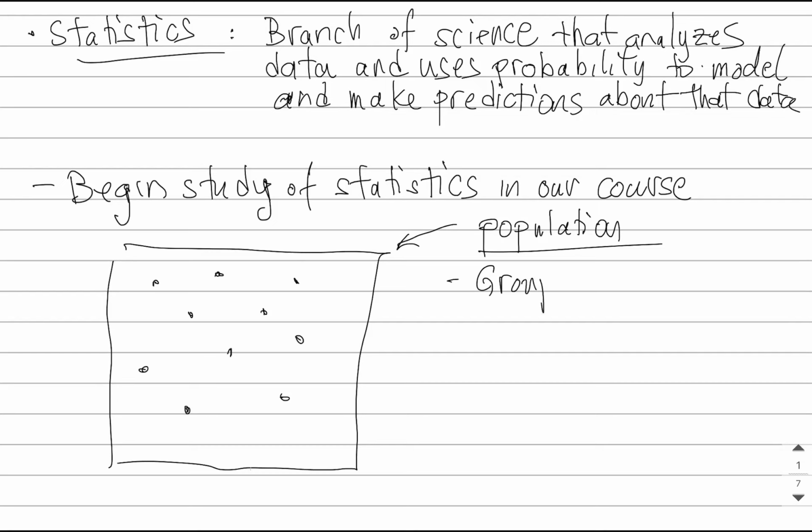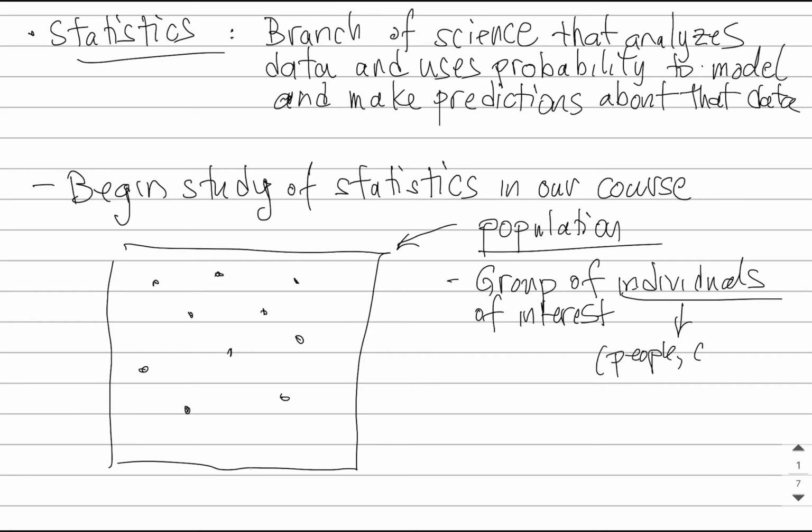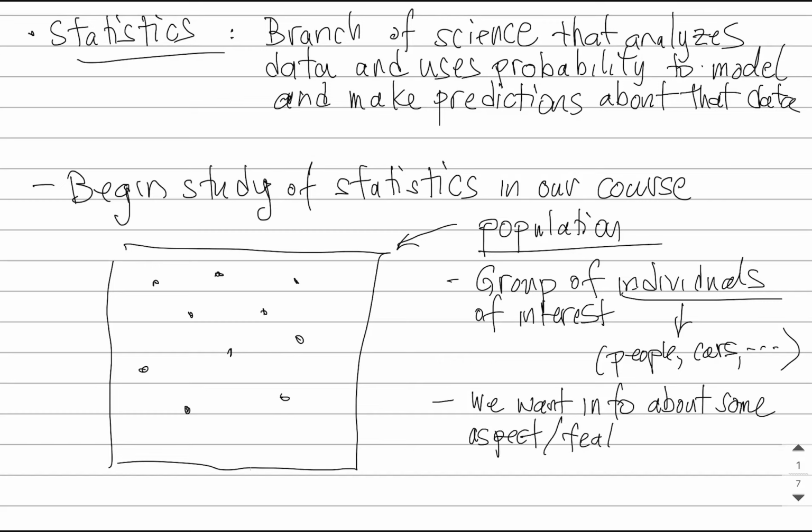So we're going to say that the population is the group of individuals that are of interest. Now, the individuals here could be anything. It could be people, it could be cars, it could be all sorts of things. We want information about some aspect or feature of the individuals.